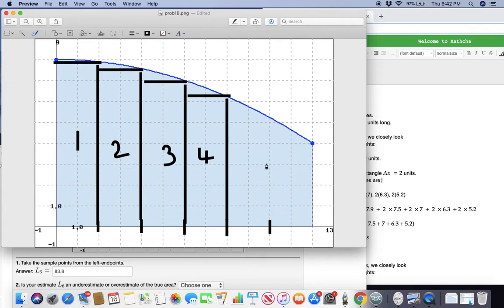For the fifth one, you go here. Okay, a little more than 5. For the last one, this is the height I need.